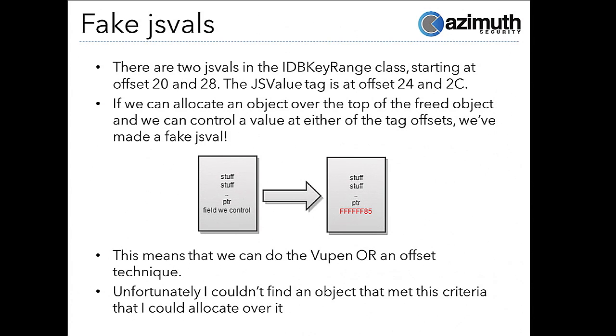Then when the trace happens, it goes, hey, there's actually a JS value here instead of a double, and then tries to mark something into GC, which is the boopin exploit technique. But instead of us supplying a pointer, the object already has a legitimate pointer there, and would then mark something at an offset from it.